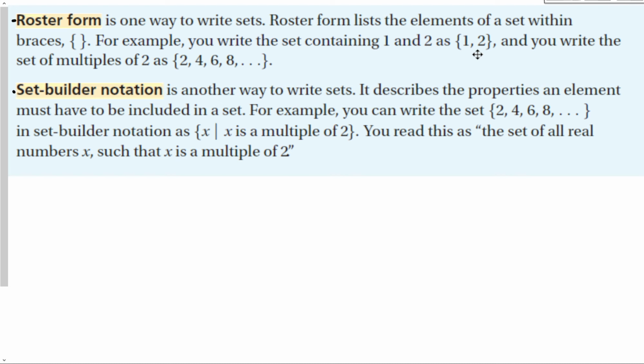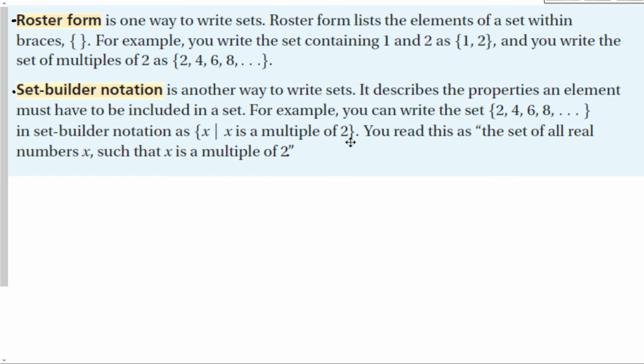And you write the set of multiples of 2 as {2, 4, 6, 8, ...} with these 3 dots called ellipses, which means that this set continues on and never stops. Set builder notation is another way to write sets. It describes the properties an element must have to be included in the set. For example, we can write this set of 2, 4, 6, 8 continuing in set builder notation like this.